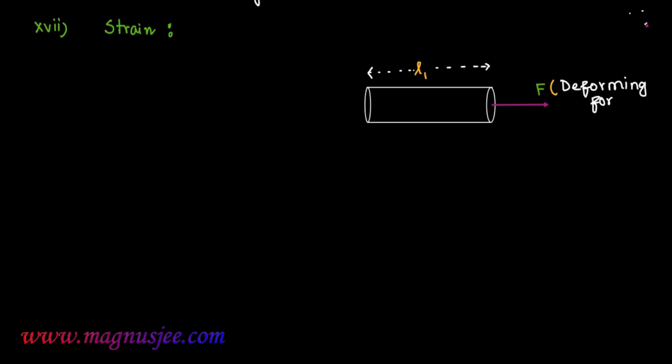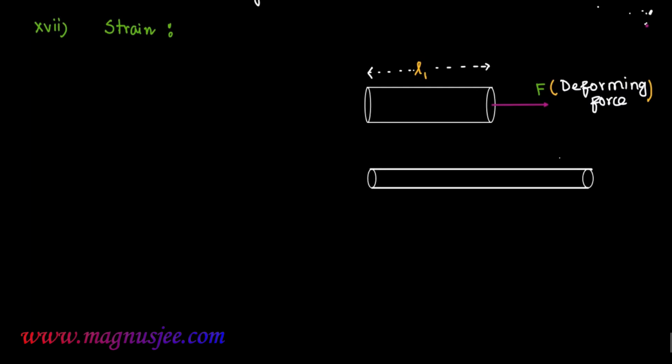Due to application of the deforming force, the length of the wire increases to L2. The wire will be elongated and becomes thin, and the final length of the wire becomes L2.